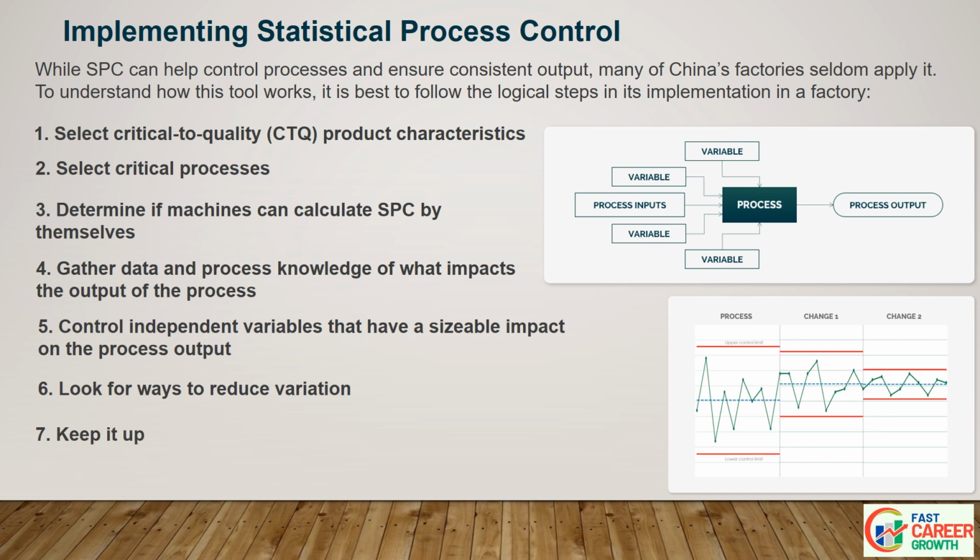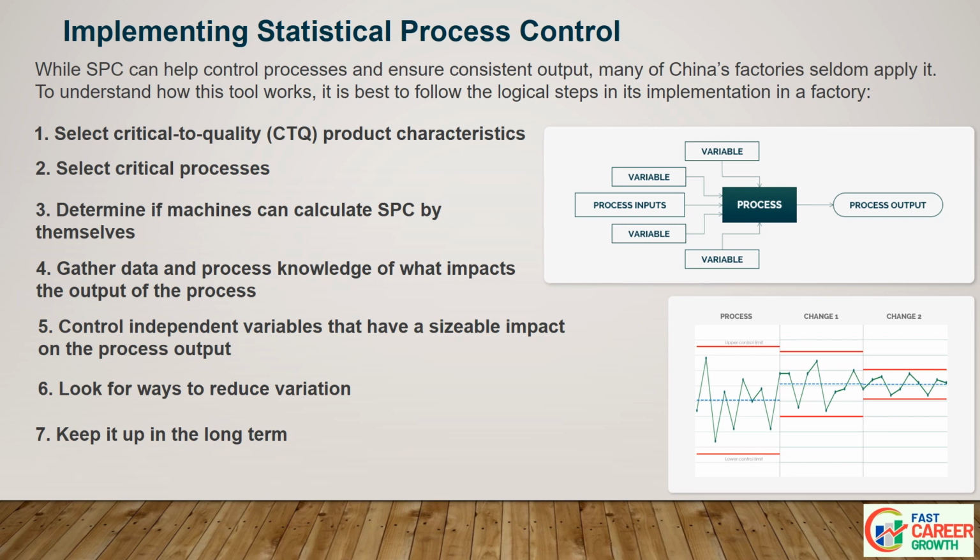Look for ways to reduce variation. Now that you have made variations visible, the next step is to find ways to reduce it. If you use statistical process control charts, ideally it looks somewhat like this. As long as the CPK index is within the control limits, engineers and production leaders are encouraged to test different approaches.